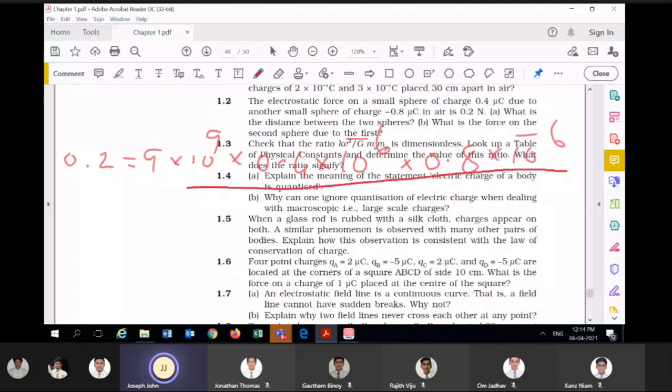You know the distance, I think, isn't it? Can you cross multiply that? The 0.2 will come to the denominator, I think, isn't it?